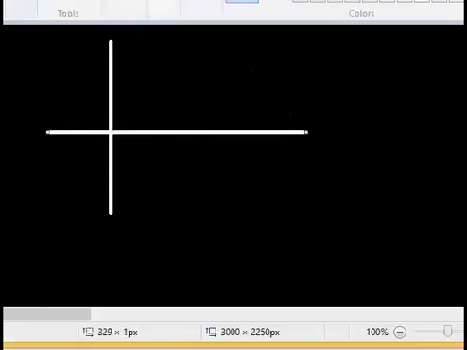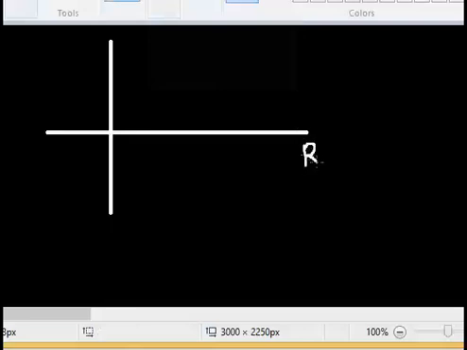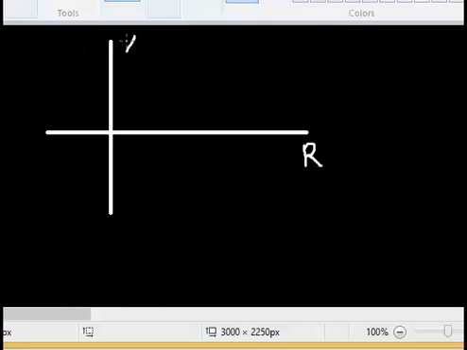For an inductor, the inductive reactance is in the positive vertical direction, and of course the capacitor.